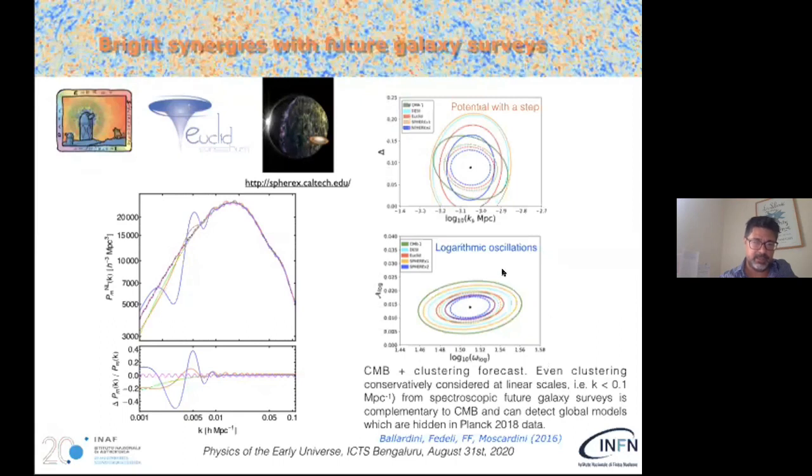Instead, for global models such as logarithmic oscillations, as predicted for instance from axion monodromy, or non-initial conditions different from Bunch-Davies, you can actually detect these with a combination of current CMB data and, for instance, Euclid.